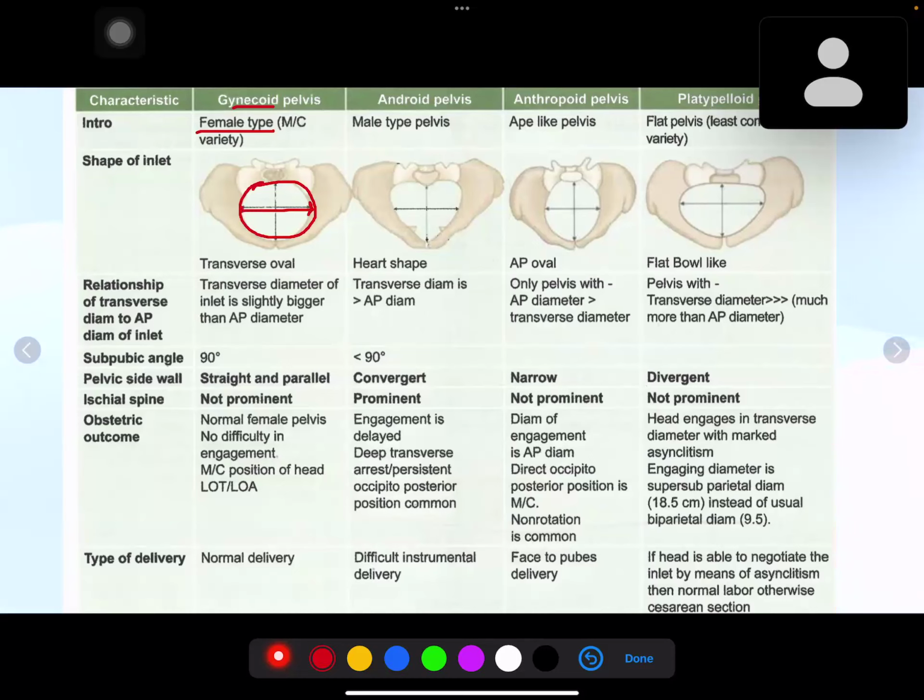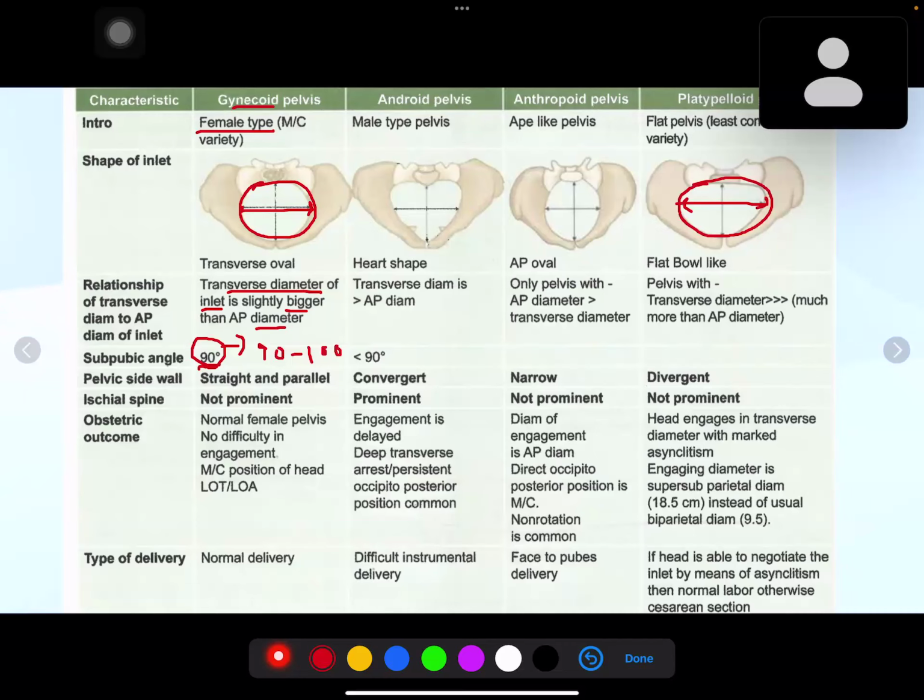So transverse diameter of inlet is slightly bigger than AP diameter. Okay, not very much bigger like this. See, this platypelloid has a very much bigger transverse diameter. Okay, that's the difference between these two. Now the subpubic angle, we discussed previously, it should be more than 90. So 90 to 100 in the majority.